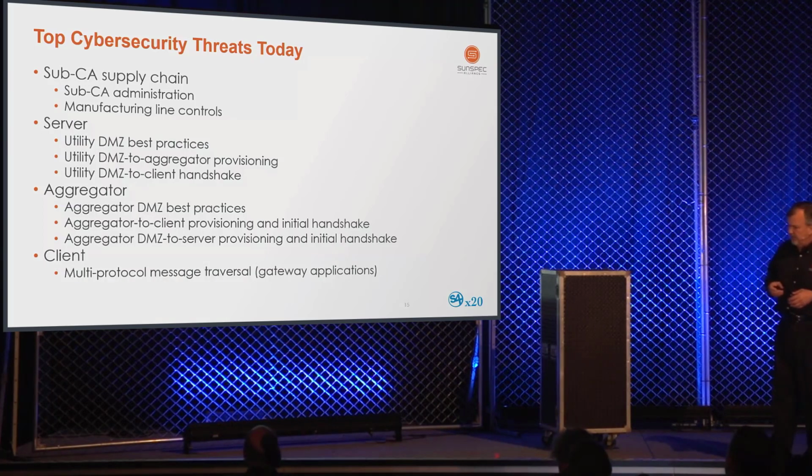The third order concern all orients around the client. Now, if you were to read the popular press, all the cybersecurity exploits that you read about have to do with client exploits. And these are really fantastic. You know, somebody hacked my roof, and a million people have the same configuration, the sky's going to fall. Well, the truth of the matter is it's a little bit different than that.